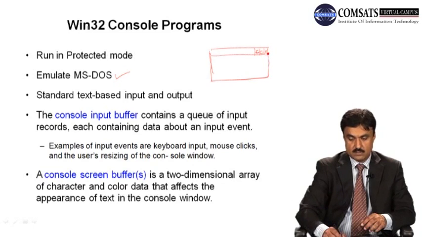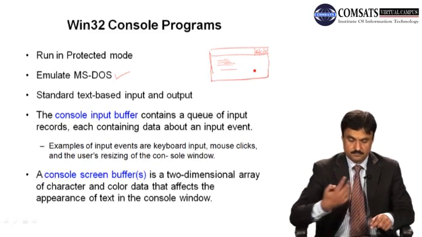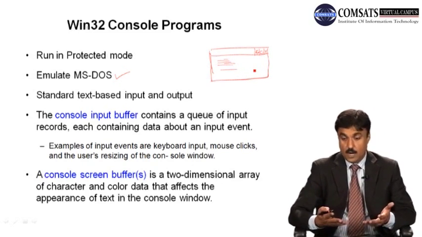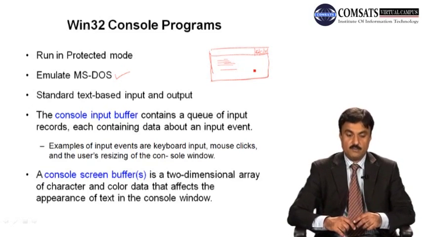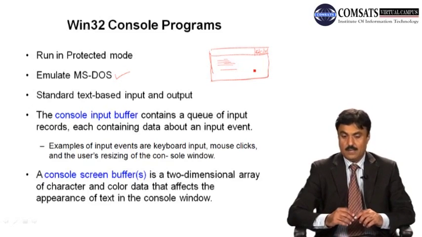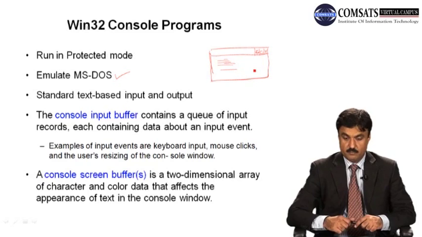This is the DOS window that we use as the output window when we compile our programs. It emulates MS-DOS, and you can write standard text-based input and output programs here.